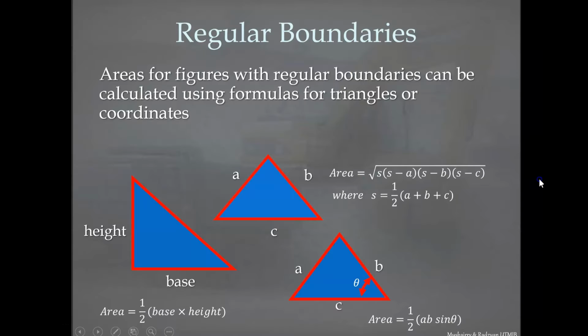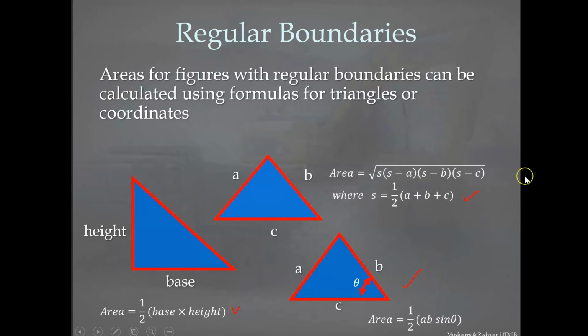Those are considered regular boundary areas. Formulas would be quite straightforward, and these are things that you came across during your pre-university days or high school. You could use a simple right angle triangle formula, half base times height, or you use the lengths of all the sides, or you can use angle to calculate the area.